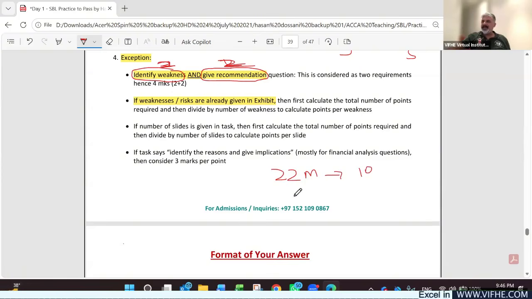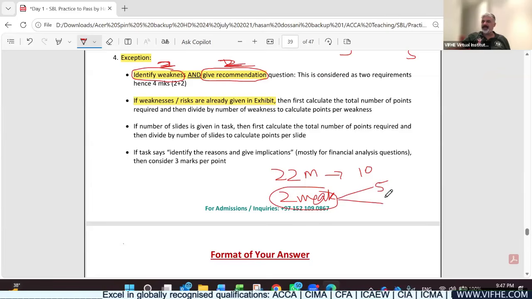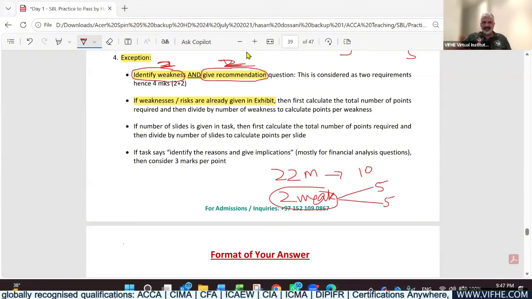But the examiner has given you two weaknesses. You just have to talk about two weaknesses. So how do you allocate points? You will give 5 points for weakness number one, 5 points for weakness number two. Clear?